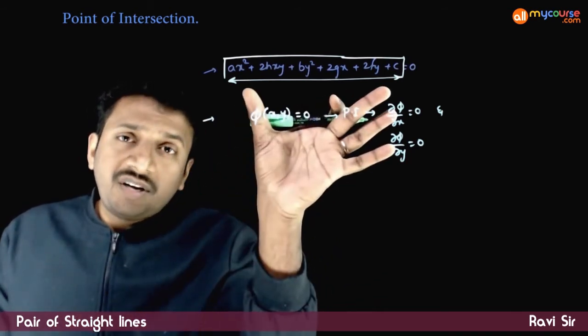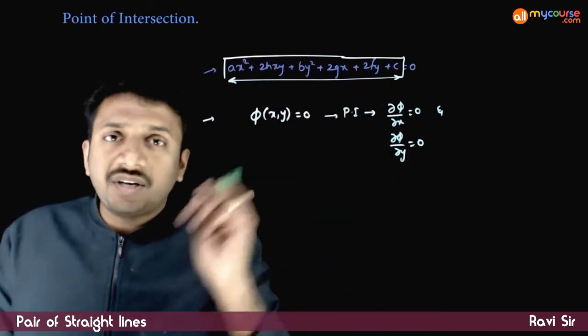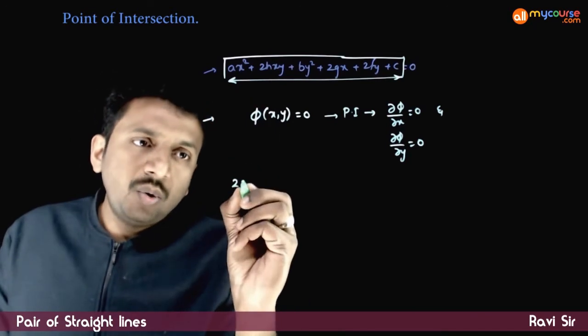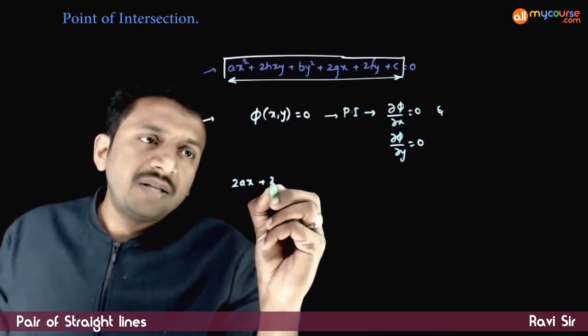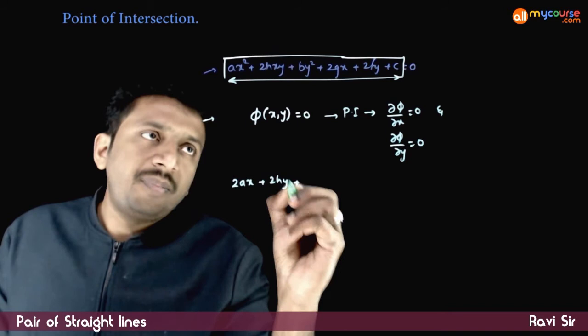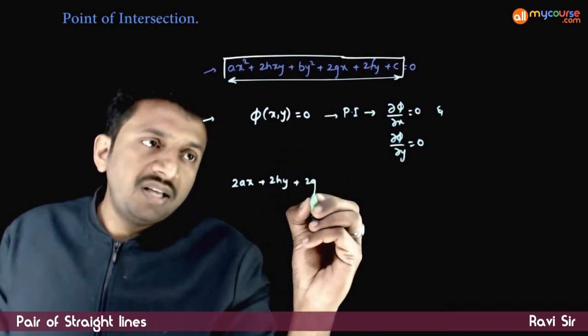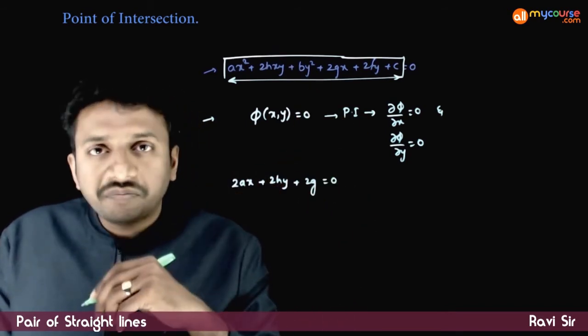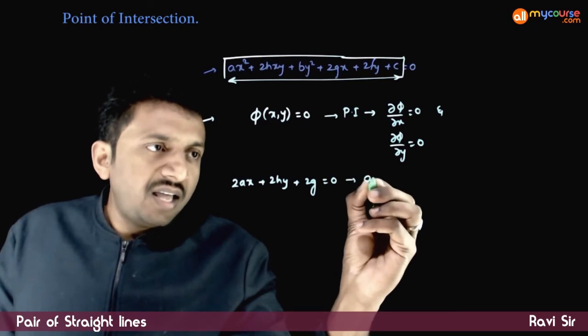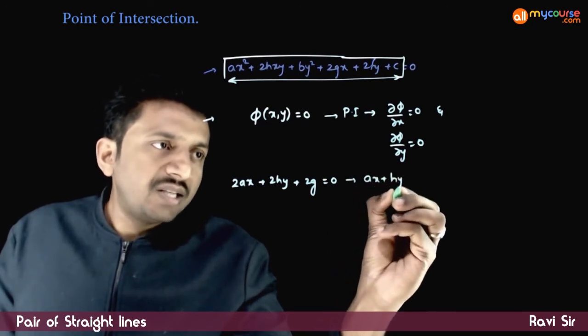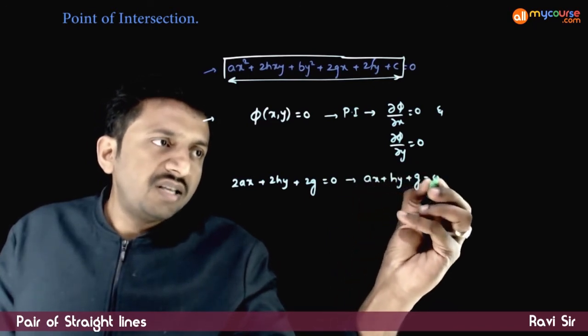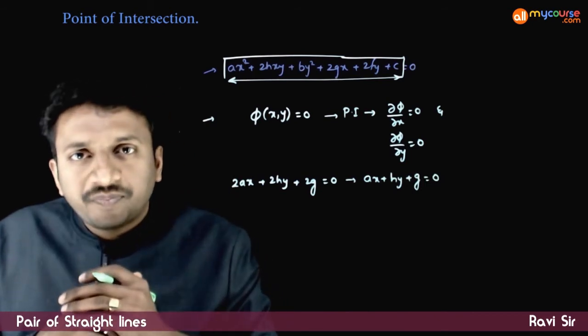If you differentiate this partially with respect to x, you get 2ax plus 2hy plus 2g is equal to 0. That is, ax plus hy plus g is equal to 0.